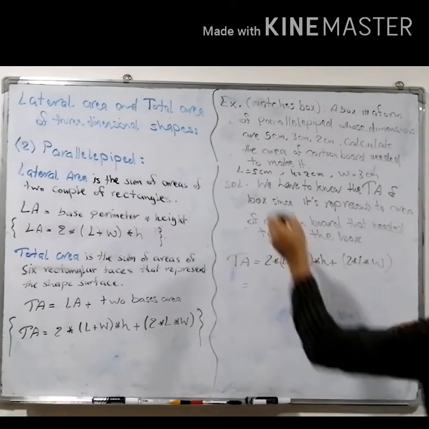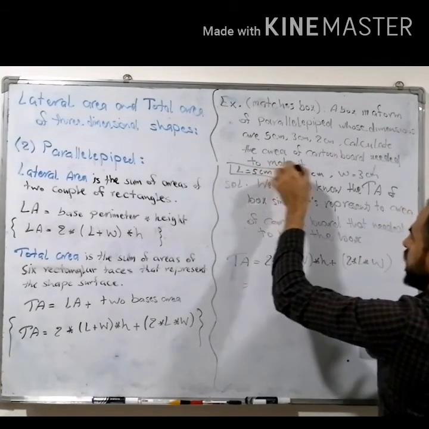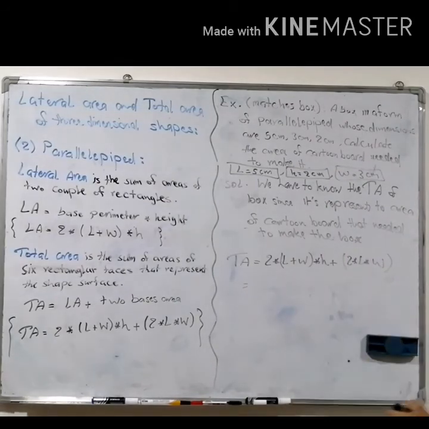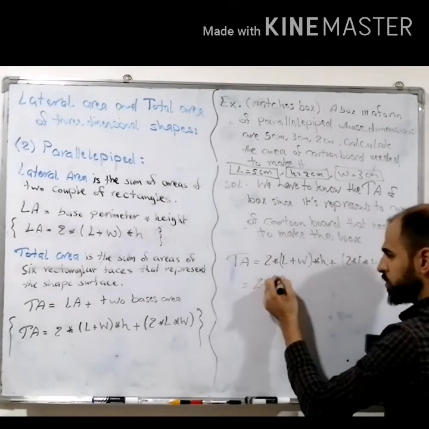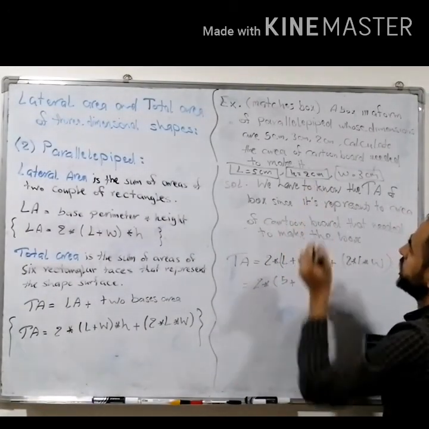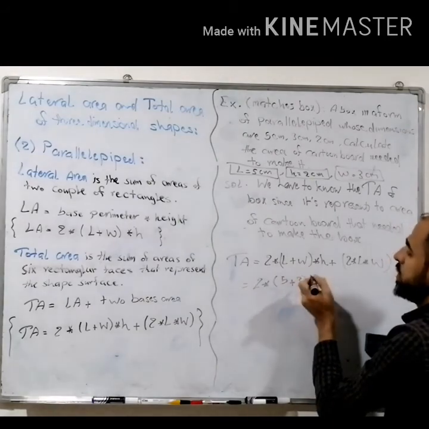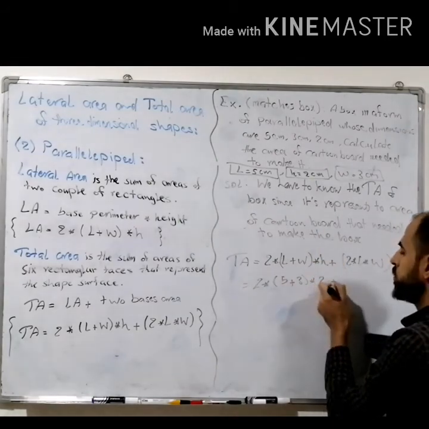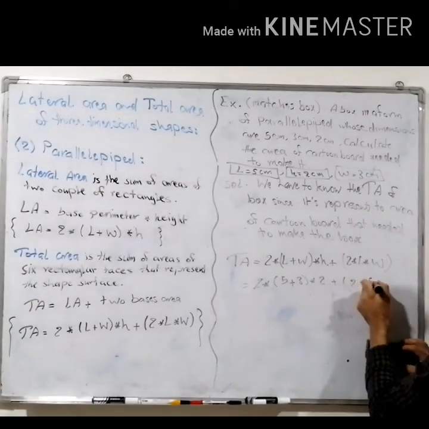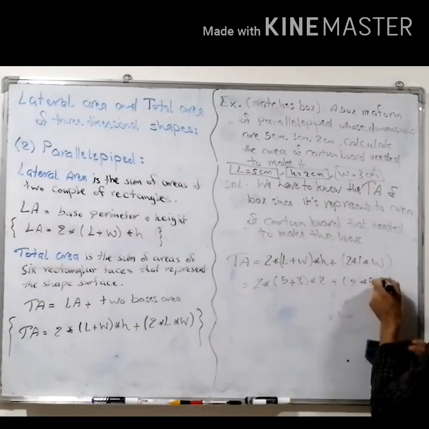Now substituting these values, the length, width and height, in the law: 2 multiplying by length, which is 5, plus width, which is 3, by height 2, plus 2 multiplying by length 5, by width 3.